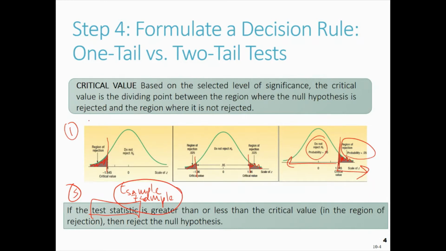Yes, for the first case, if the t or z of your sample is lower than or more negative than your critical value, you reject. If your t or your z statistic is bigger than or less negative than your critical value, then you do not reject. So either way, step 4 is giving you the areas of rejection and not rejection. So it's a very important step.